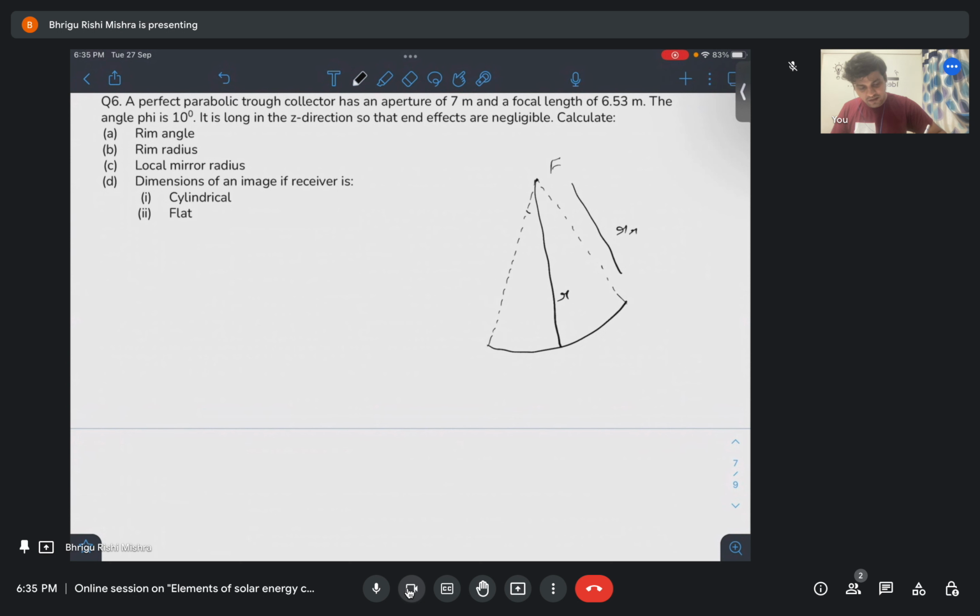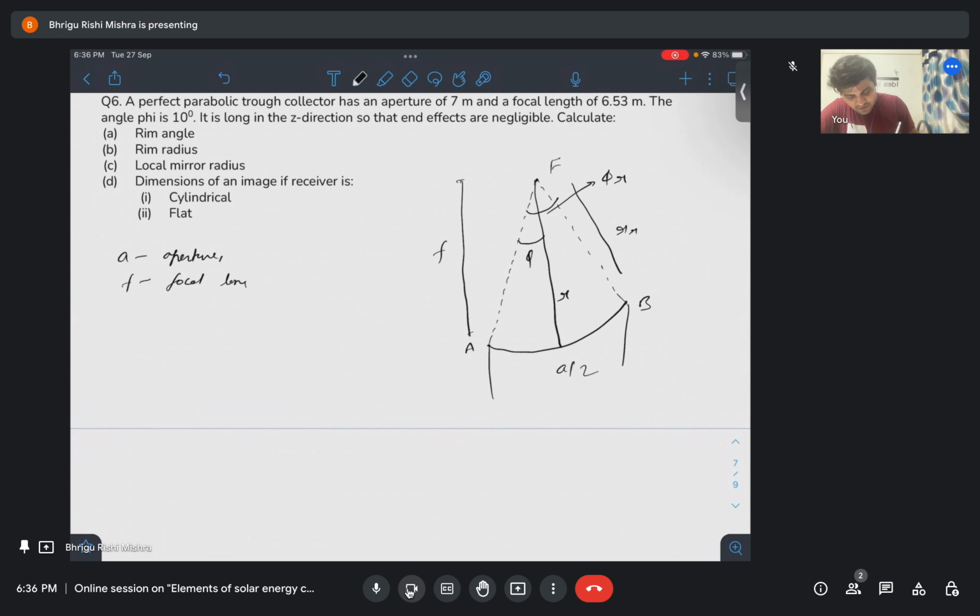This angle is phi r, and this angle is phi. This half is a by 2, where a is the aperture, and the distance here is f, the focal length.